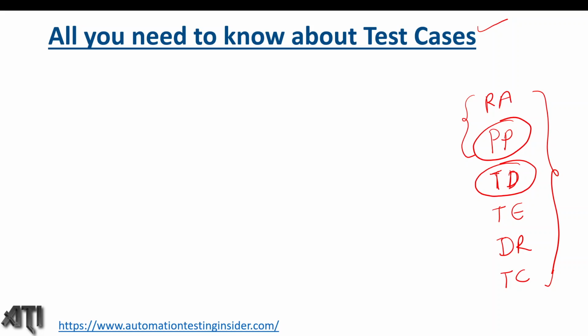So let's get started. What is test scenario? Let's talk about test scenario first, and then later we'll move towards test cases. Let me take an example. We have this Facebook application where we have a login page. Let's say this is the login page where we have a username field, a password field, and a sign in button or submit button, and we have a sign up button as well.